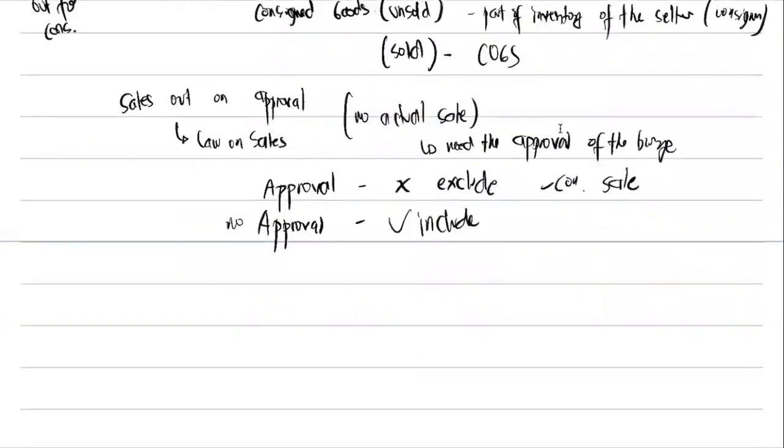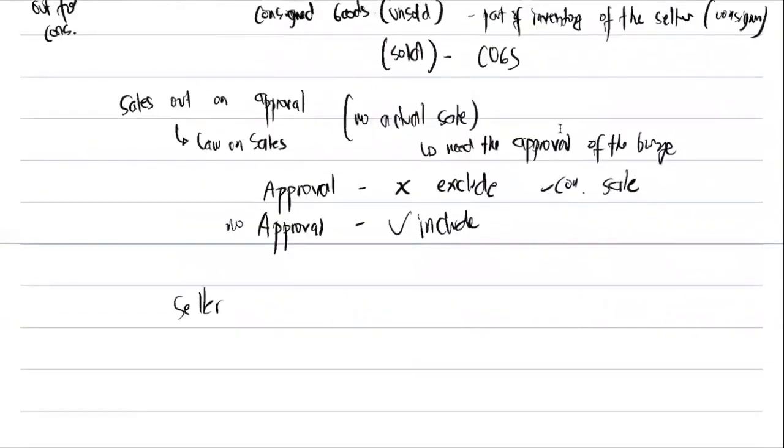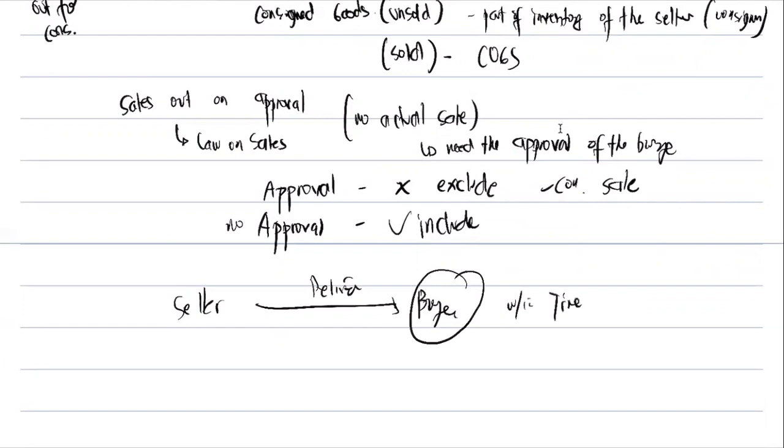Okay, so what happens here? Seller, this is buyer. Seller delivers the goods to the buyer. The buyer, within a certain period of time, will either approve or disapprove the inventory. If it approves, then this is sale. If it disapproves, it is not sale.